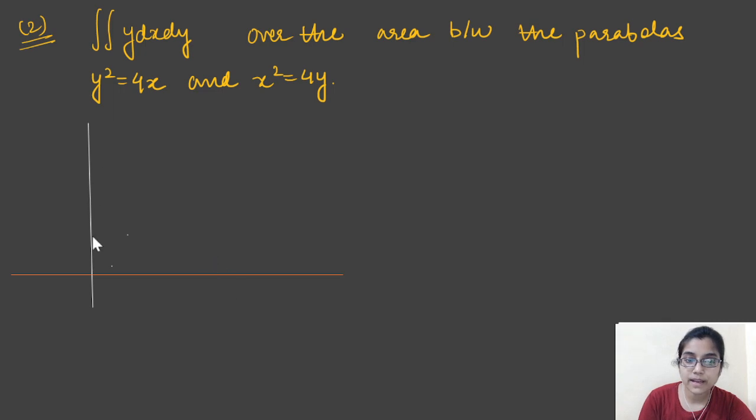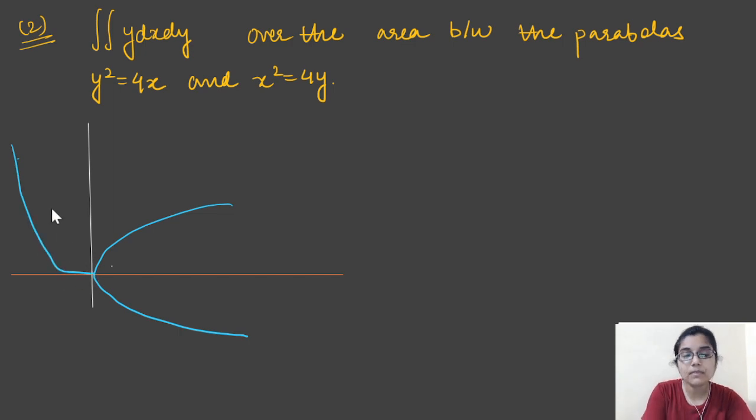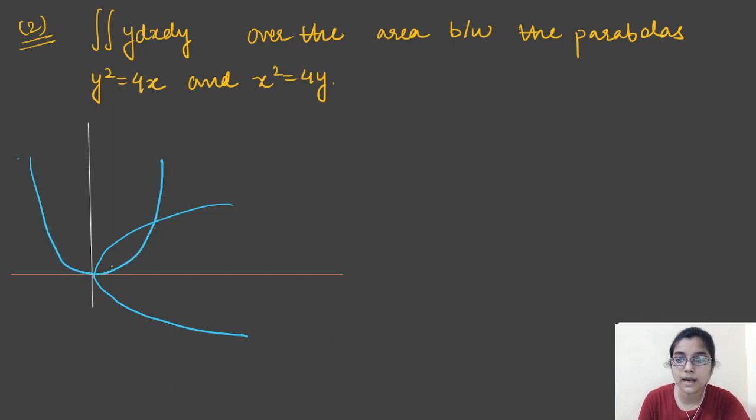So here is our y-axis and this is the x-axis, and now we will draw our parabolas. One is y square is equal to 4x, which is like this, and the other one is x square is equal to 4y, that is our upward parabola.